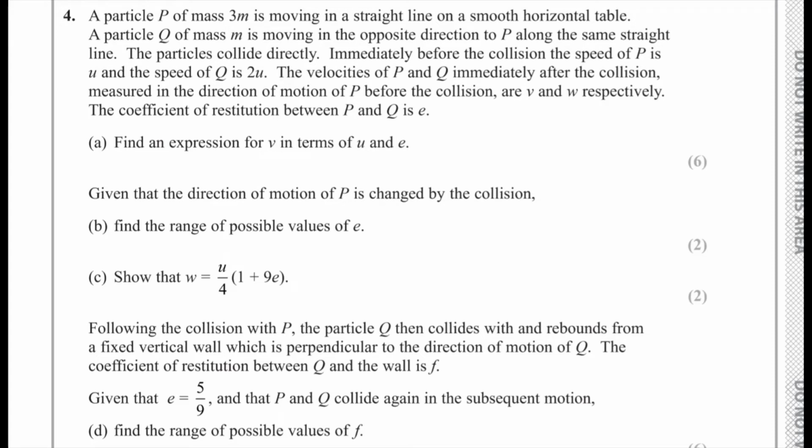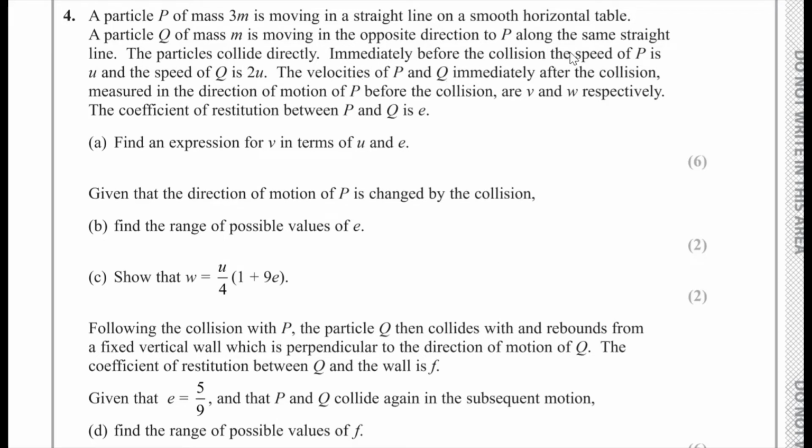Question 4. A particle P of mass 3m is moving in a straight line on a smooth horizontal table. A particle Q of mass m is moving in the opposite direction to P along the same straight line. The particles collide directly.